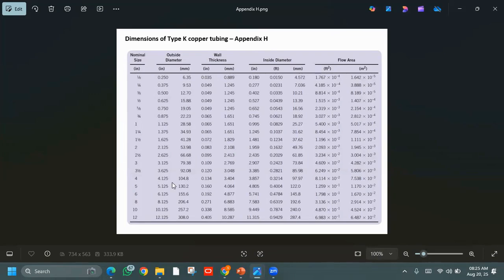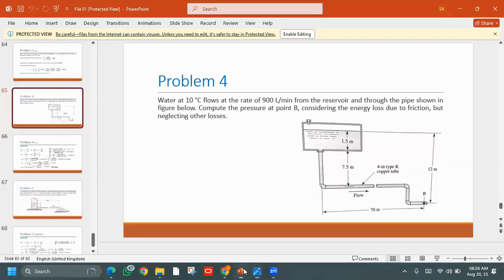So we will see that row for the flow area. We have 8.114 into 10 raised to power minus 2, and the inside diameter equals 97.997. So we will use these diameters and the area values for that equation.